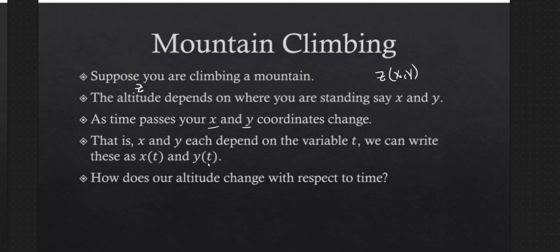So this is the idea of the chain: we have variables which are depending on each other in a chain. So we can ask the question, how does the altitude change with respect to time? What we're after is a derivative of z with respect to t.